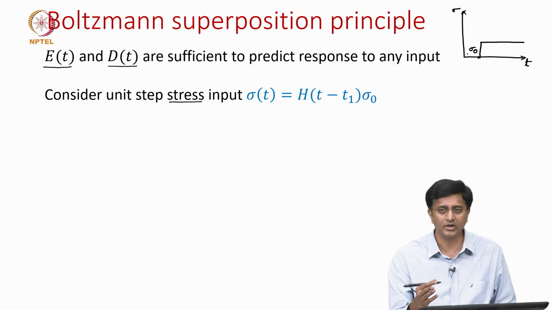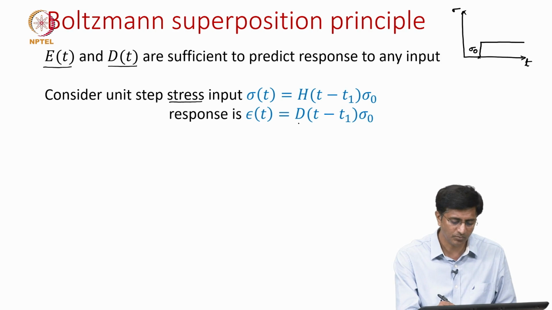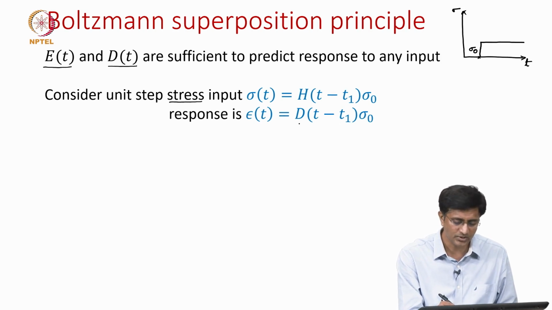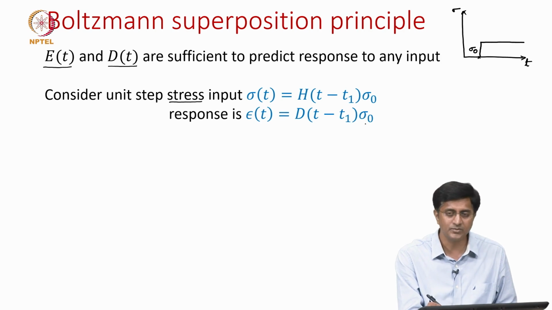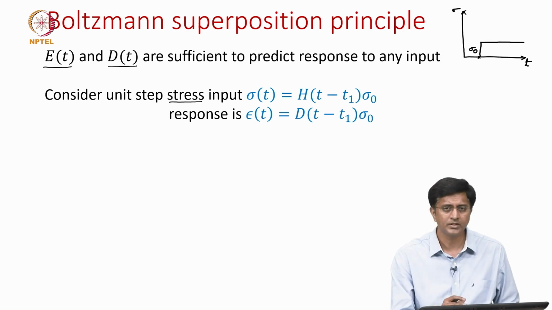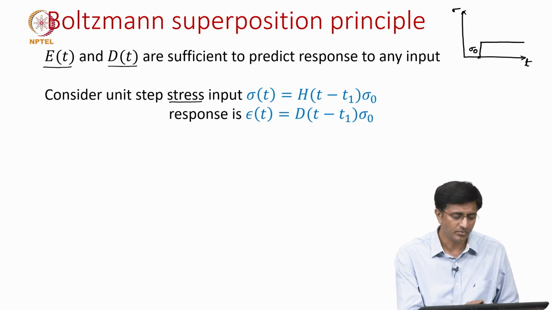For an input like this, the response is simply given in terms of the creep compliance D of t minus t1. So, the strain response is the creep compliance times the stress amplitude. This is simply the strain response to a unit step stress input.